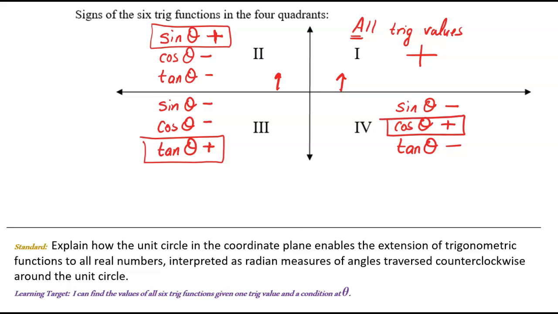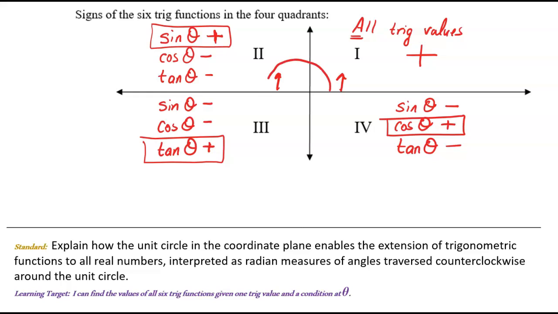There is this mnemonic device that I never really used. I was always thinking if I move up, the y value is positive. If I move left, the x value is negative. So I was just thinking visually. But there is this mnemonic device.